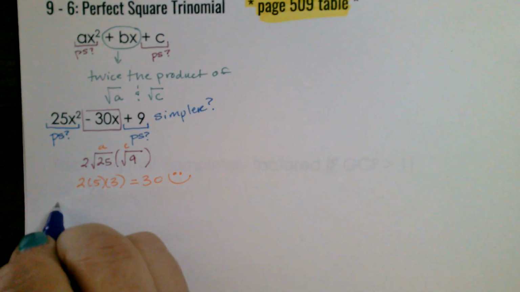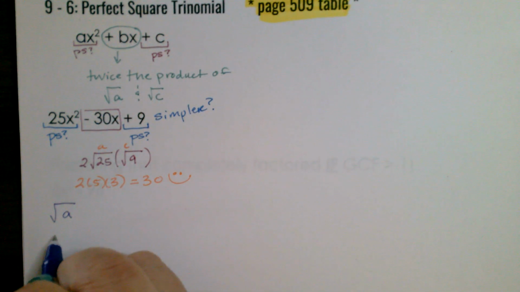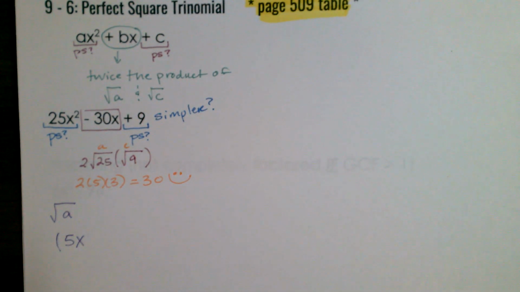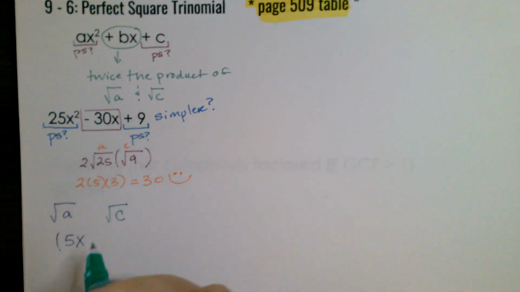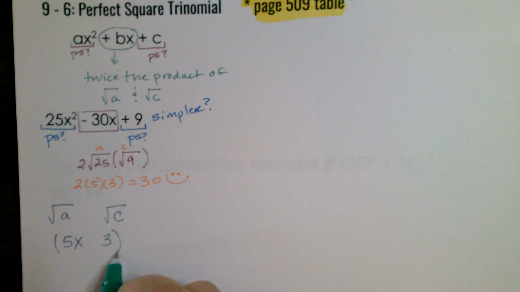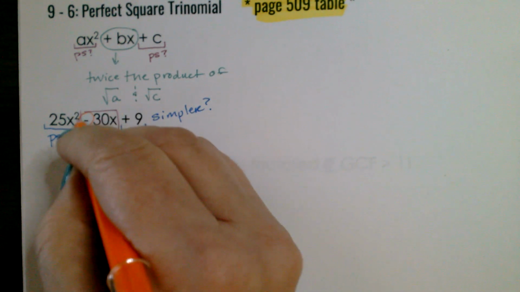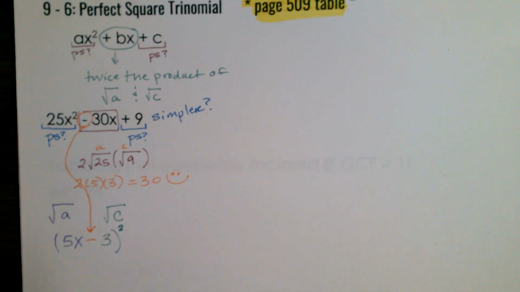I will take the square root of the first term, the A, so I would have 5x. I'm going to take the square root of the C term. Square root of 9 is 3. And then it would be squared because it's a perfect square trinomial. Now, I will take the sign in front of B, and it would go there.